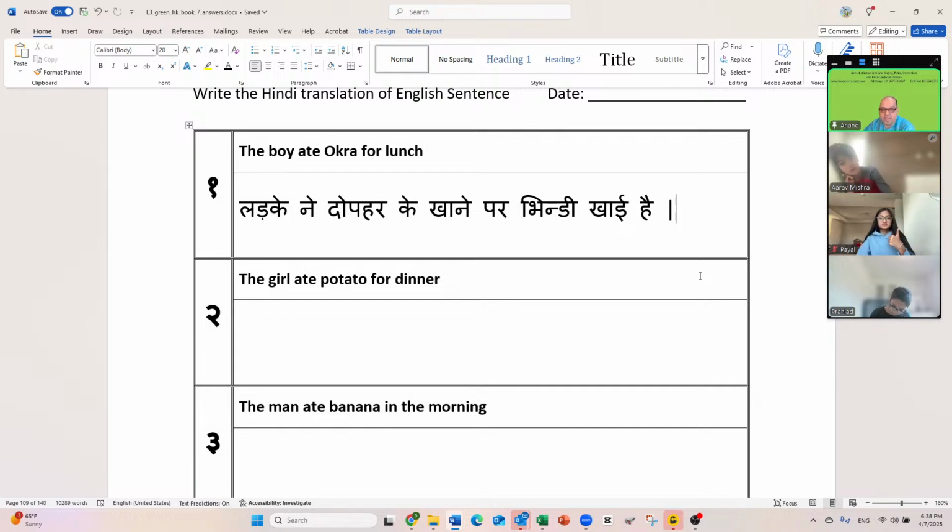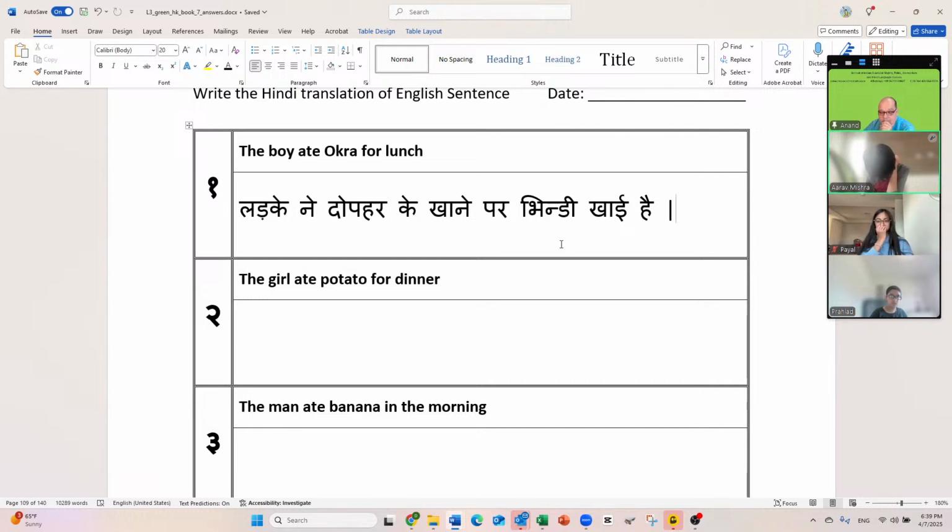Okay, Arav, give me the next sentence. The girl ate potato for dinner. लड़की, potato. What is potato in Hindi? Okay, aloo. Payal, give her potato in Hindi. Aloo. Okay, I just remembered. लड़की ने आलू.